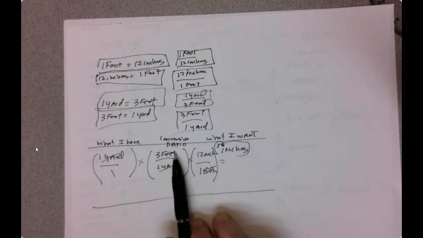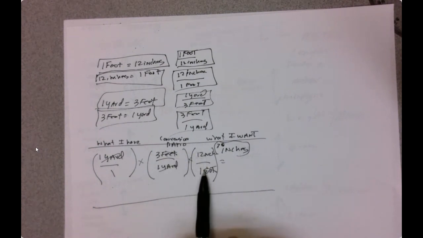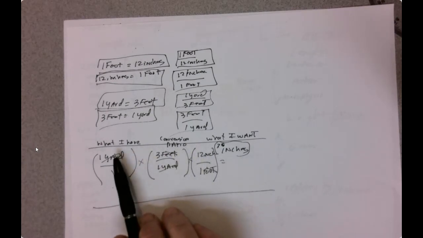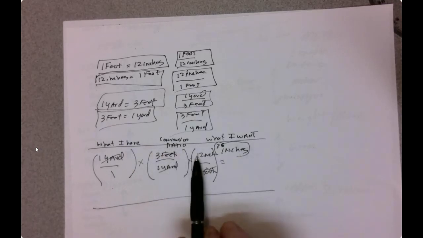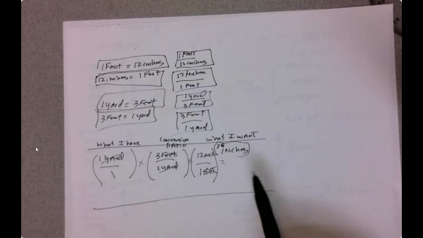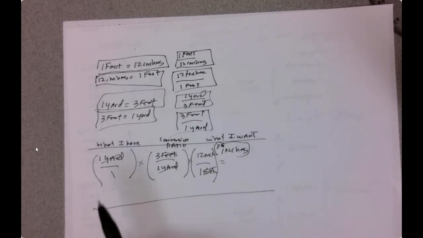Then multiply again, 12 inches to 1 foot, feet cancels, and I'm now left with inches as the unit of measure. So 1 times 3 is 3, 3 times 12 is 36, and so we get that 1 yard is 36 inches.